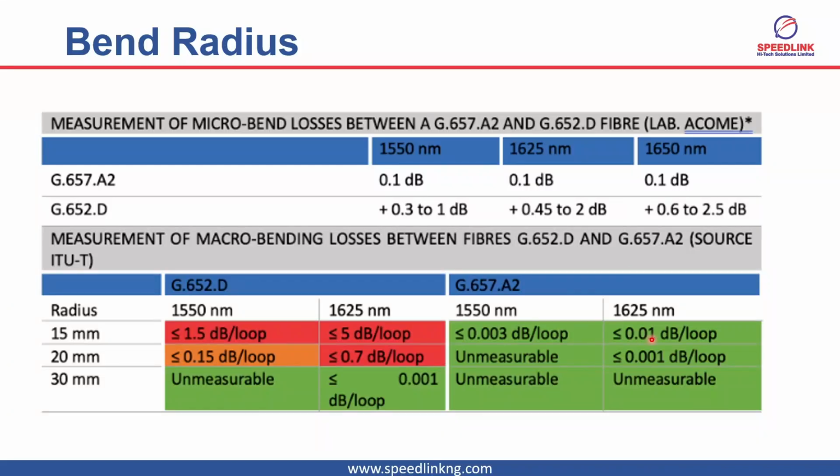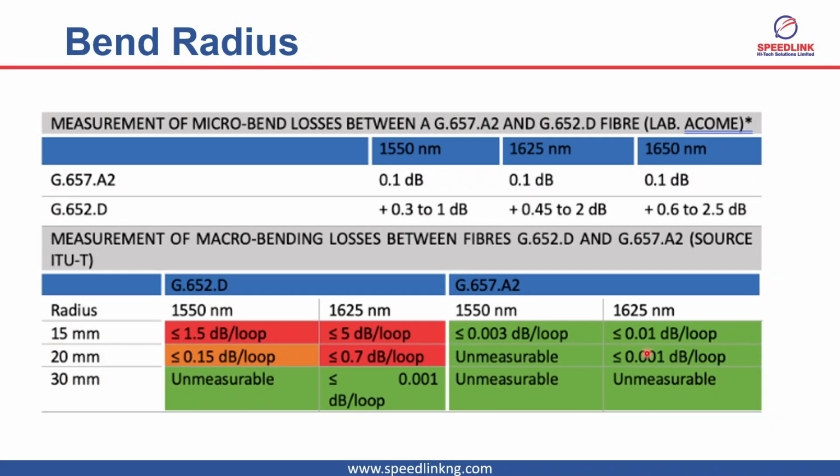So at that point, each loop that you're looping that cable is like you're splicing 1, 2, 3, 4, and onwards. But if you increase your radius from that 15 to 20 mm, the loss on 1550 is negligible. It's unmeasurable. Like it's 0.0000001.